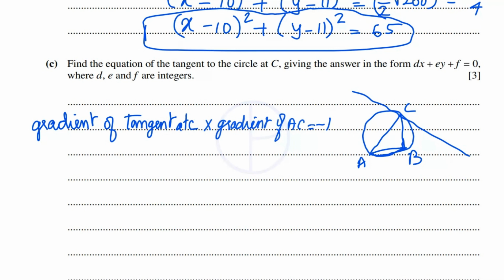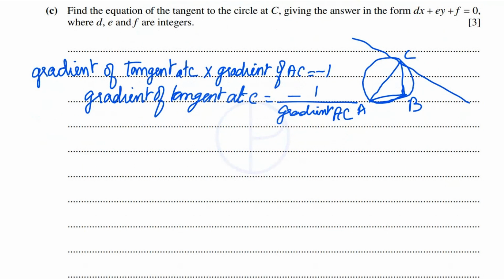So we need to find the gradient of the tangent. Let's make that the subject. So gradient of tangent at C is equal to -1 over gradient of AC.